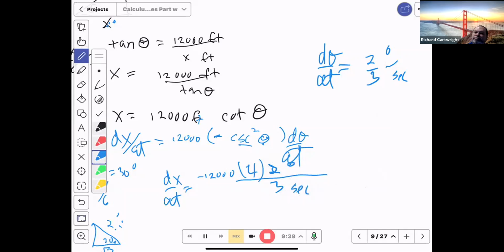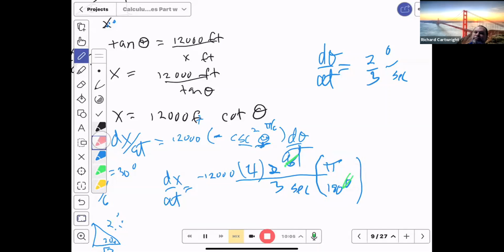I need to get rid of the degrees because I already got rid of the degrees when I did the 30 here. I used pi over 6 for radians, remember? So the fastest way to get rid of degrees is to say that pi radians is 180 degrees. That cancels out the degrees.